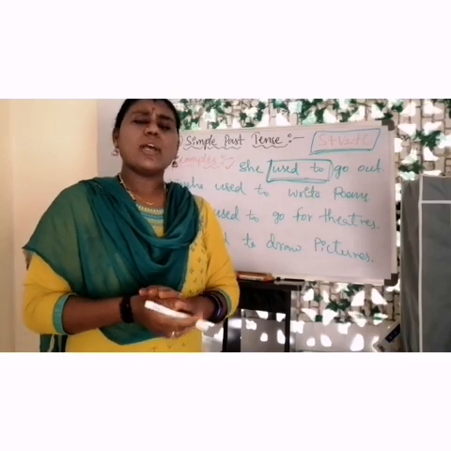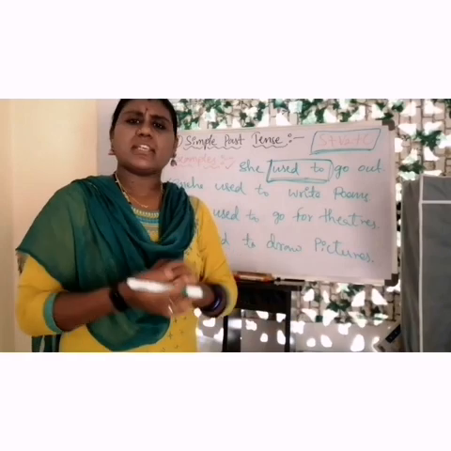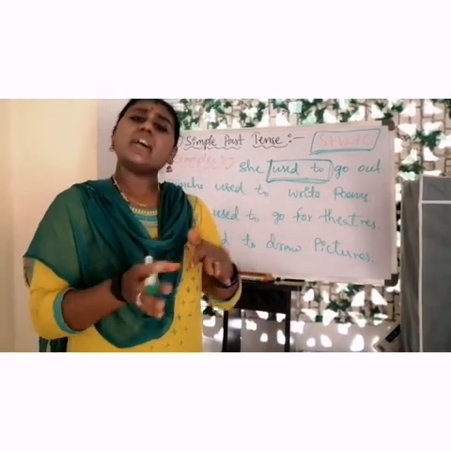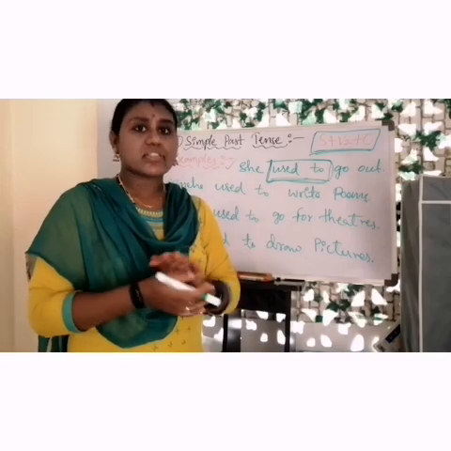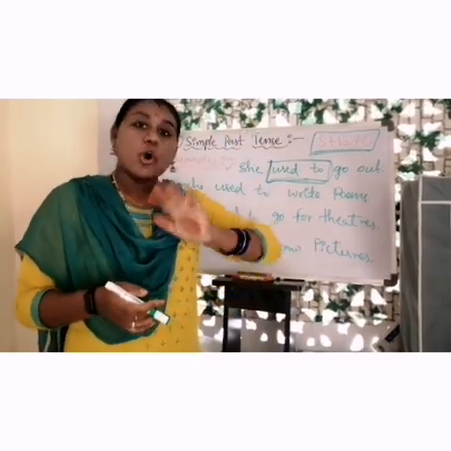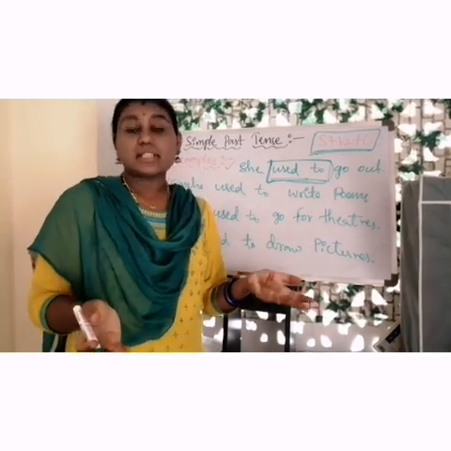So if we observe the three tenses, of course, how many tenses do we have? Three: present, past, future. If we observe the classification of these three tenses, the grammatical structure of all kinds of classification is the same, alike.